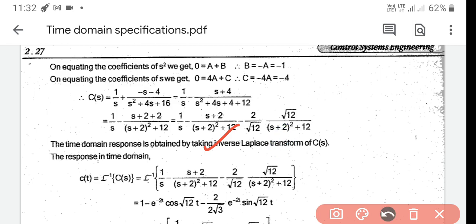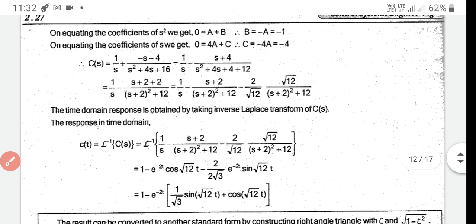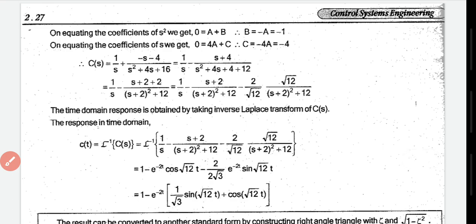Now for this we are taking the inverse Laplace transform. So c of t is equal to the inverse Laplace transform of c of s, that is equal to the inverse Laplace transform of 1 by s minus s plus 2 by s plus 2 whole square plus 12 minus 2 by square root of 12 into square root of 12 by s plus 2 whole square plus 12.